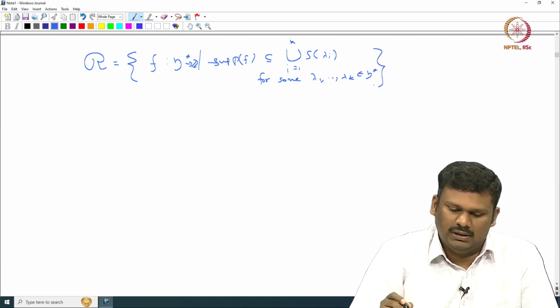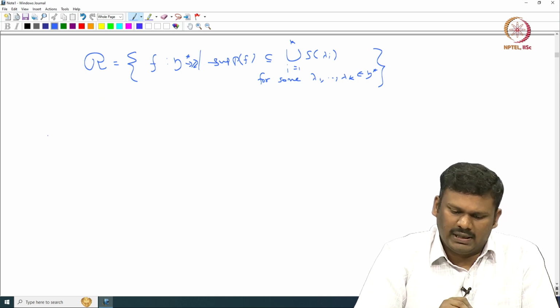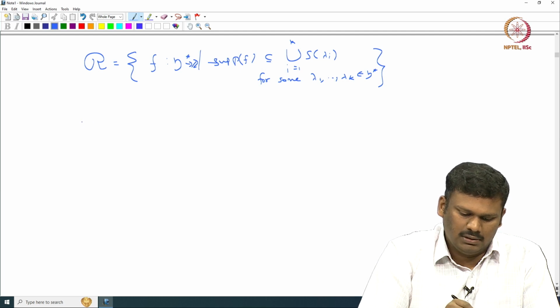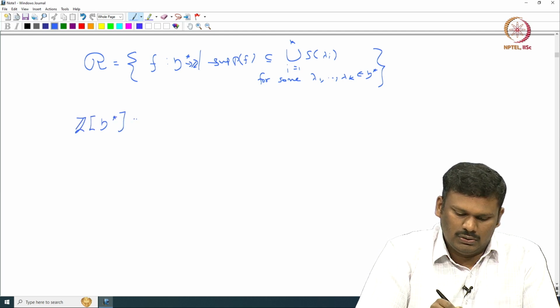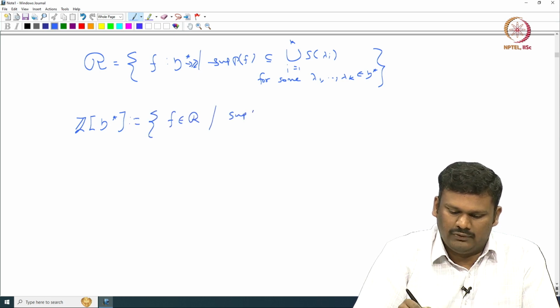This is our character ring. Now we also have this important subring. Let us take this as the definition: it is, by definition, those f in R such that the support of f is finite.